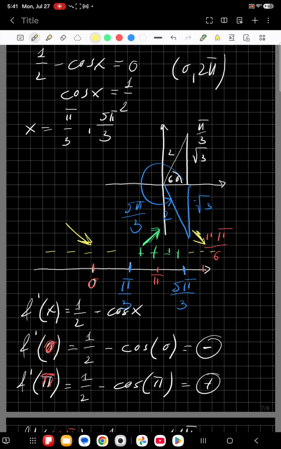Okay, so now we can see where I have those local maxima and minima. Function is going down here and right here, so this will be minimum and this will be maximum. And you see how it's good to draw those arrows.